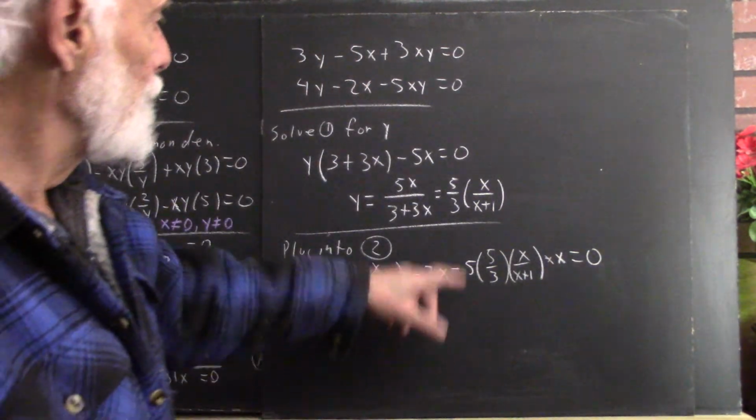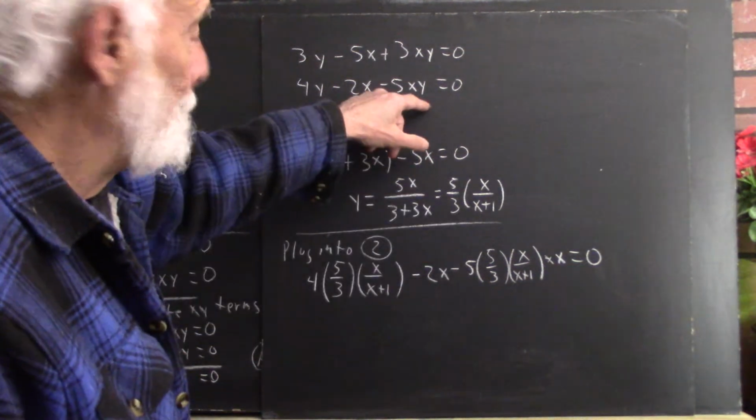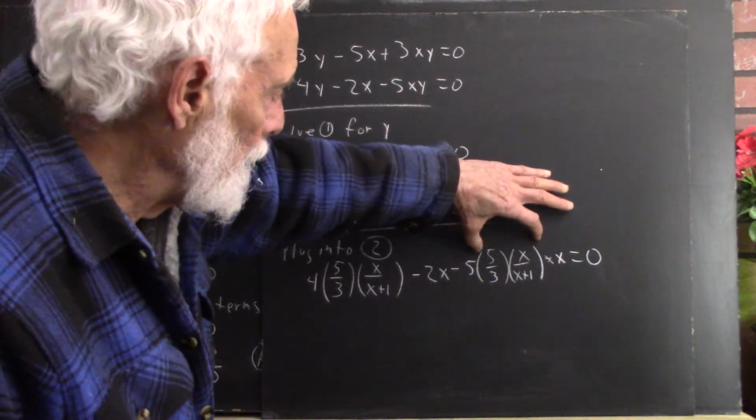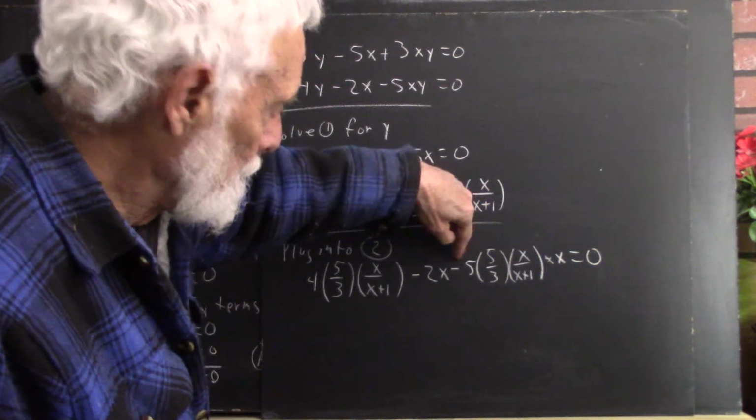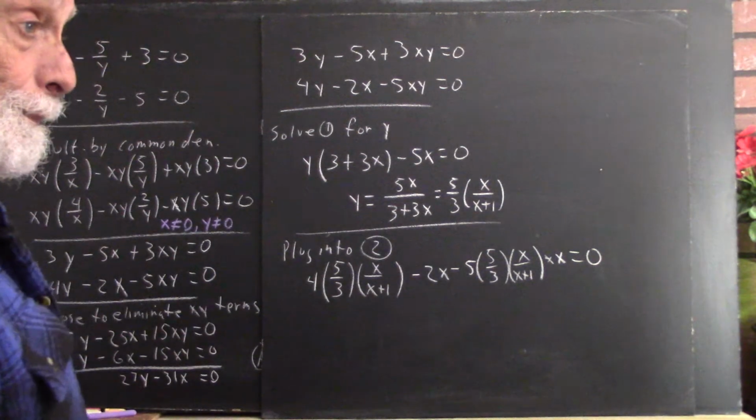Now again, to see this, you have the x, you're plugging in for y, so you're going to get the y here, but then you have times x. I could have put the x out in front, probably would have been better if I had. Okay?